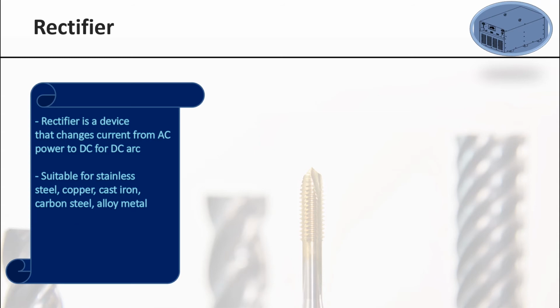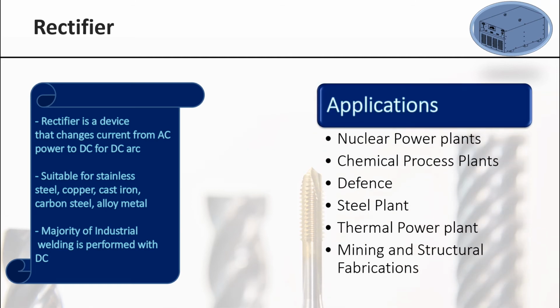It is suitable for stainless steel, copper, cast iron, carbon steel, and alloy steel. Although much welding is accomplished with AC power, the majority of industrial welding is performed with DC. Rectifiers can be applied in nuclear power plants, chemical process plants, defense, steel plants, and thermal power plants.